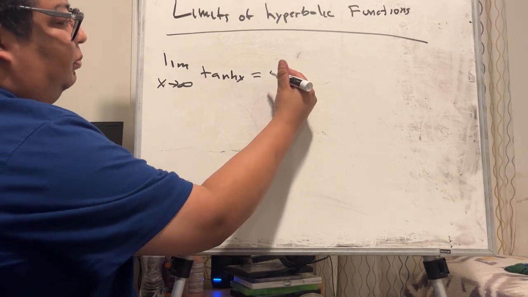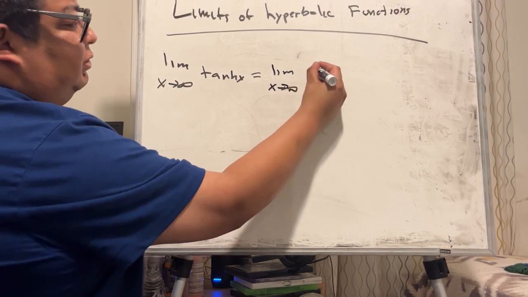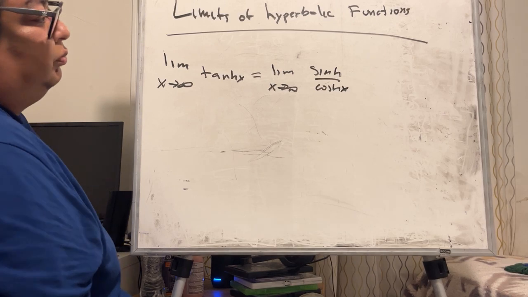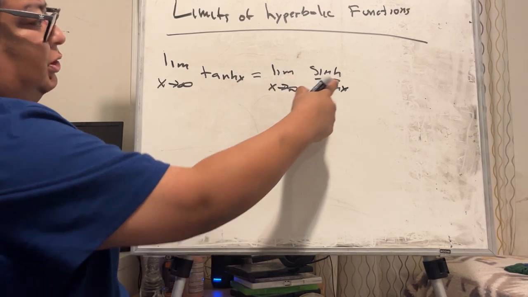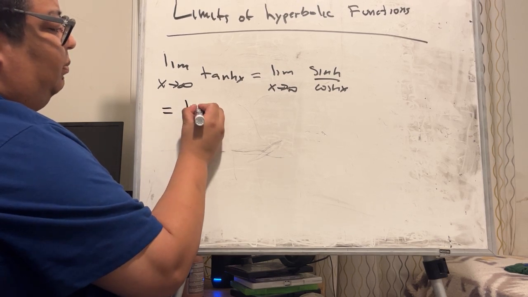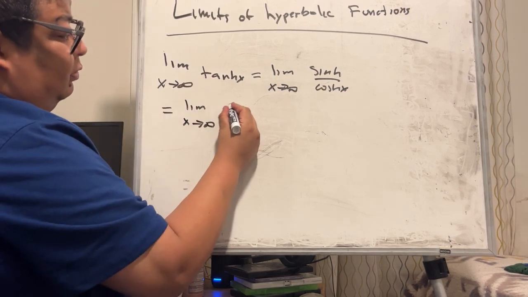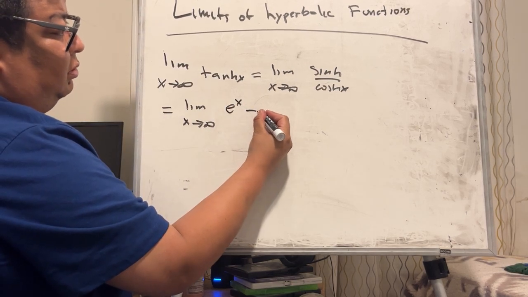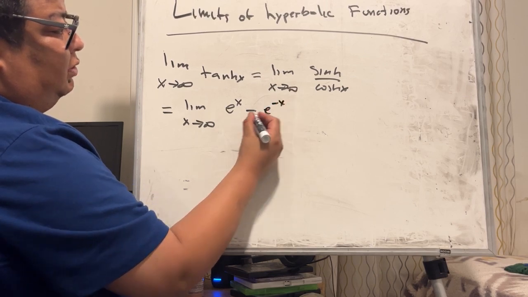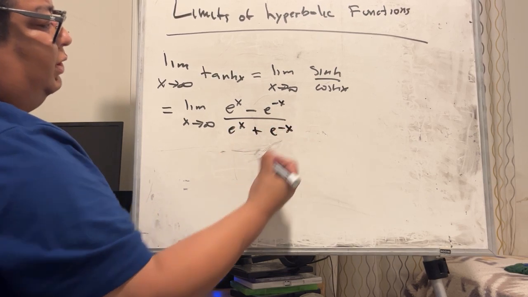We change its form to the limit as x approaches infinity of sinh over cosh of x. And then we change it to exponential. And that becomes the limit as x approaches infinity of e to the x minus e to the minus x all over e to the x plus e to the minus x.